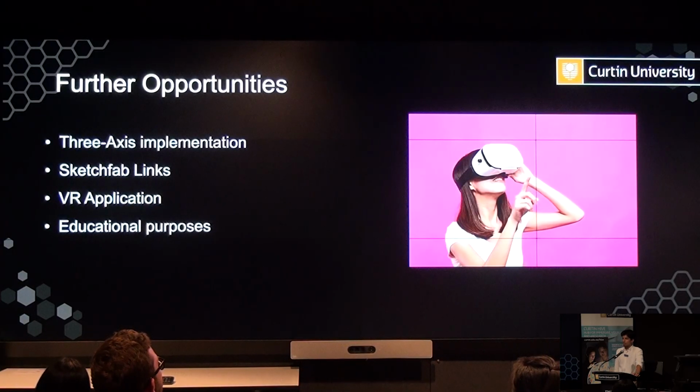Something I was thinking of was having the meteorite in VR, being able to see that photogrammetry scan on the surface, but also looking inside of that meteorite and being able to see the CT scan, which unveils all of the chemical composition inside of the meteorite. And finally, I could see this being used for educational purposes.